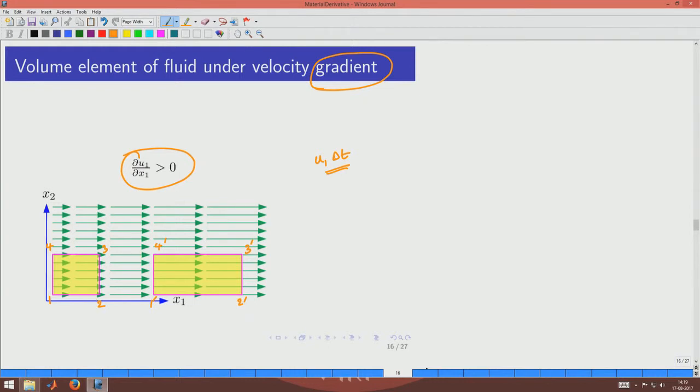So, 2 prime will be further away, and this means that if the velocity is changing such that it is increasing in the x direction, it implies that there is a stretching along x1 direction of the control volume. So, the control volume is getting stretched, the shape is changing according to the velocity gradients.